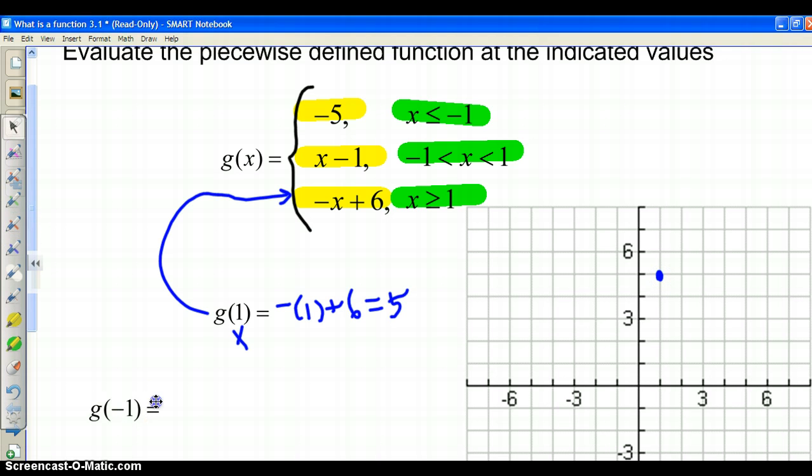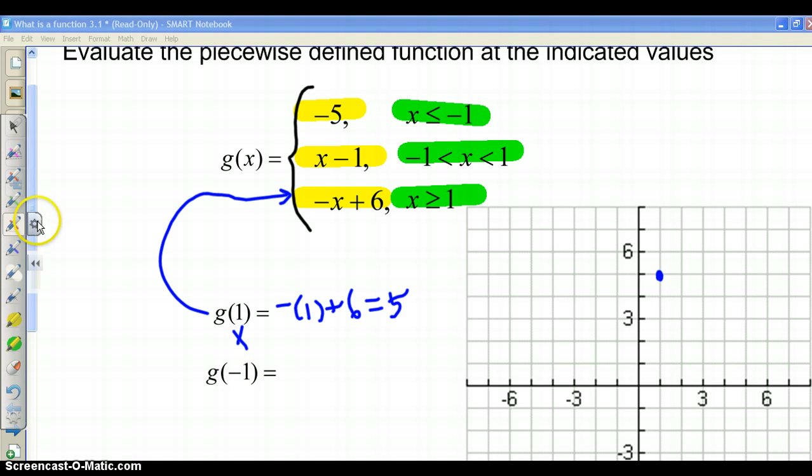Okay, let's go ahead and plug this one in. So g of negative 1. You've got to look up here and see, where does negative 1 fit into these domains? Well, negative 1 is not bigger than 1. Negative 1 is not in between negative 1 and 1, so it does fit into this one.